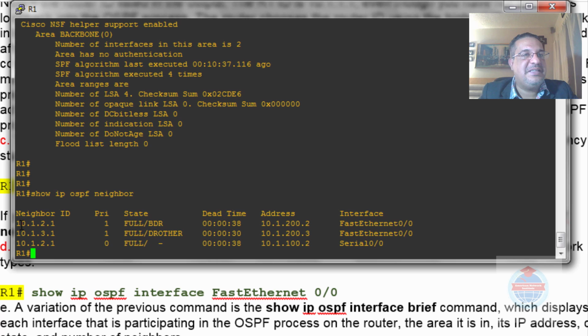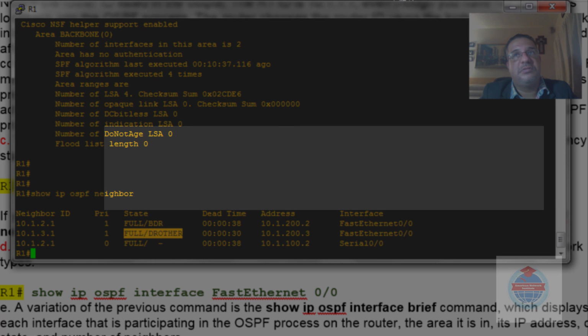It can read the other routers from router 1. It can see router 2 and router 3. And this part over here, DR other.